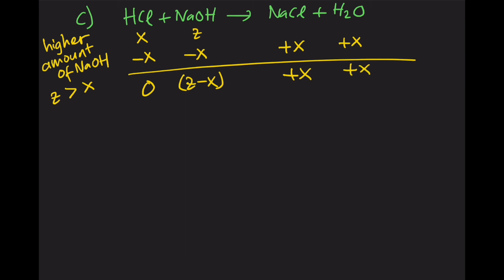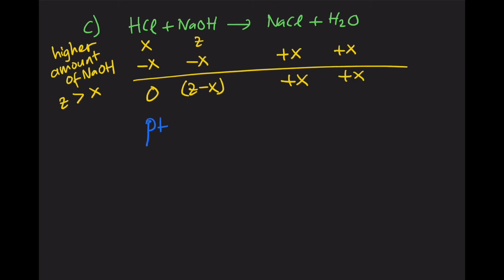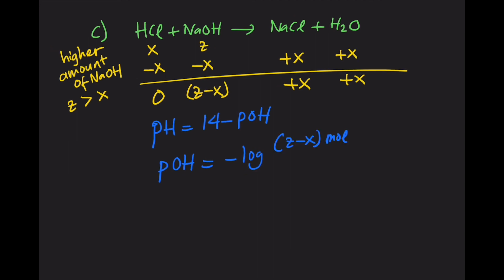In this case, the pH is going to be equal to 14 minus pOH, because pOH is the one that we can calculate here. That is going to be equal to minus log of the OH minus, z minus x mole, don't forget, divided by the total volume inside the beaker. So from here, at this point, the pH will be high.